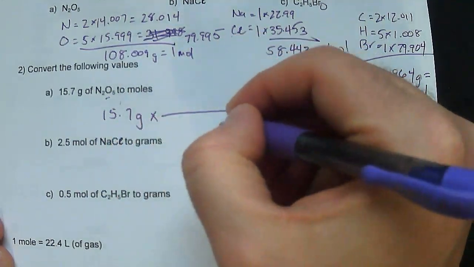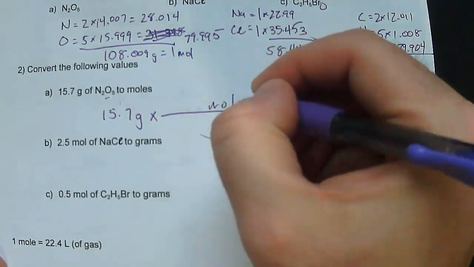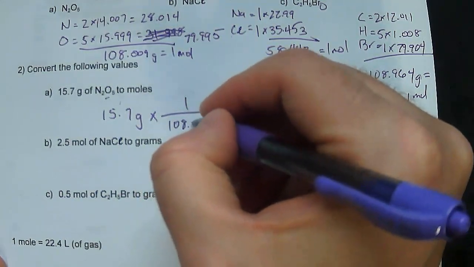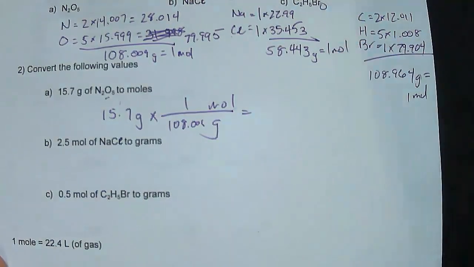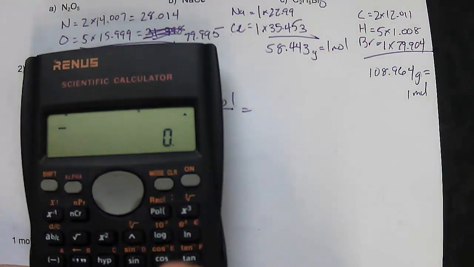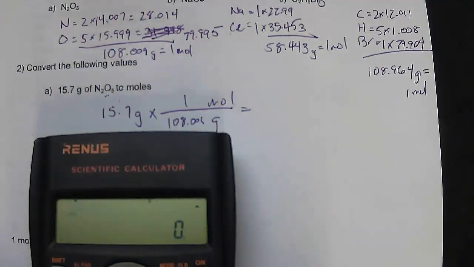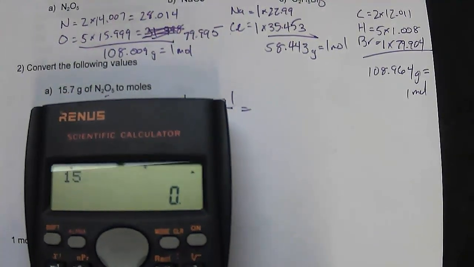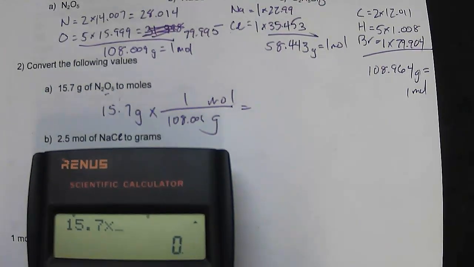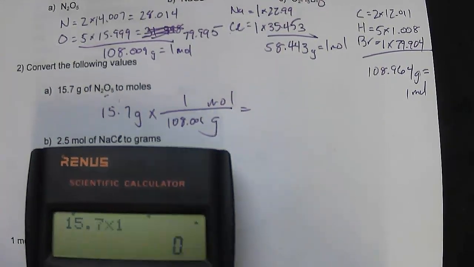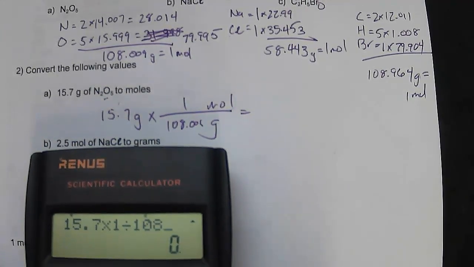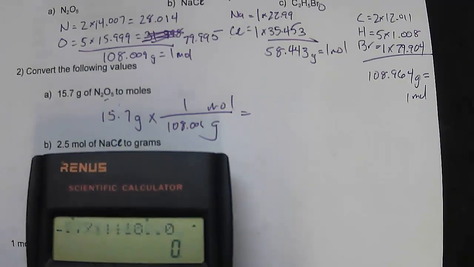We X line, grams on the bottom, moles on the top, 1 mole, 108.009, and we do that math. Okay, so we do 15.7 times 1 divided by 108.009.